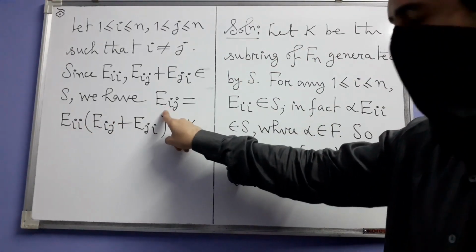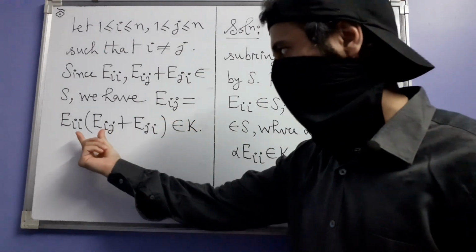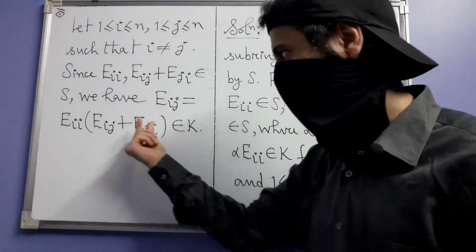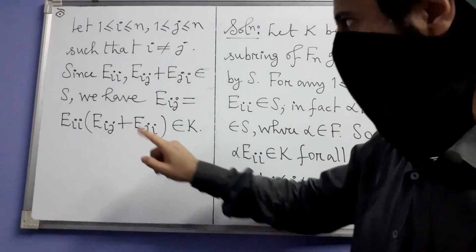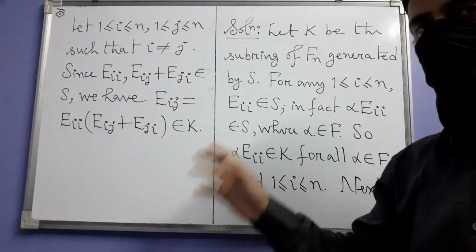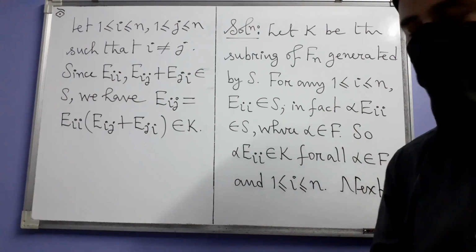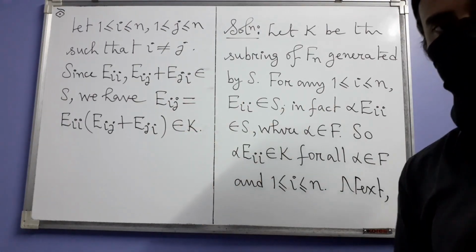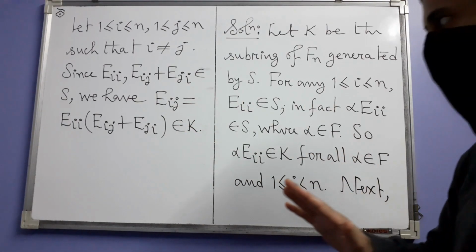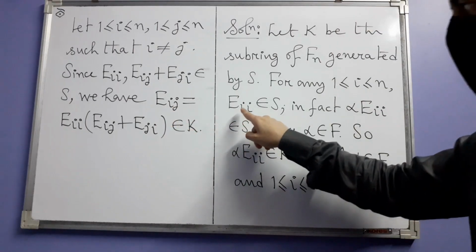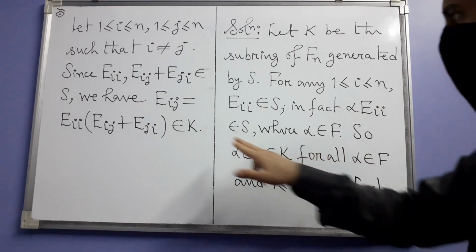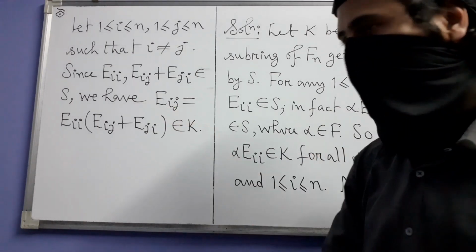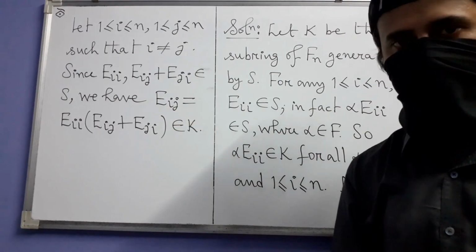So that way you are having EIJ. But what about that other product EII times EJI? The inner indices are I and j which are not equal, and in this case the product will be 0. That is why we do not have anything else here. And we end up proving that just like any EII ultimately is in K, the EIJs are also in K.